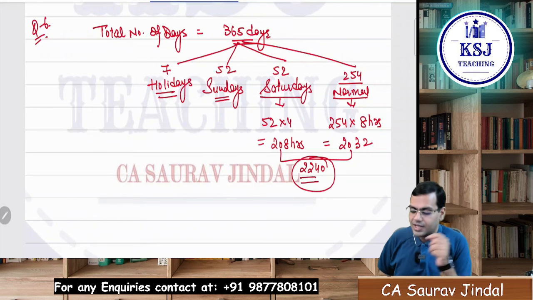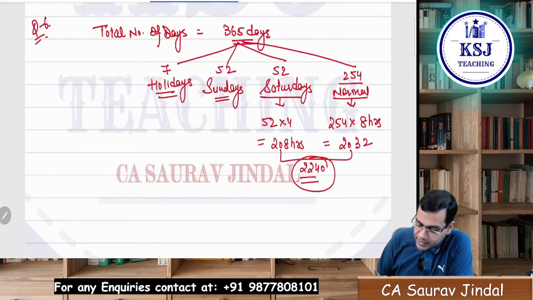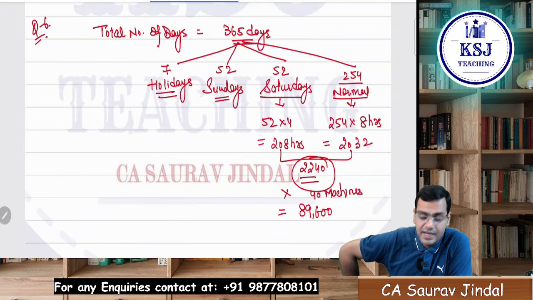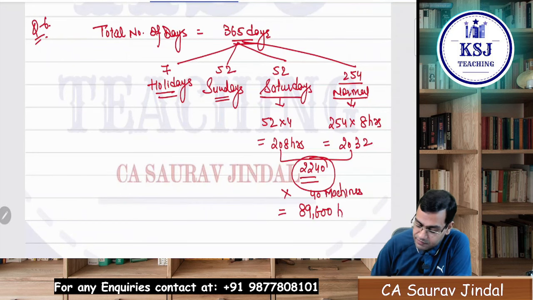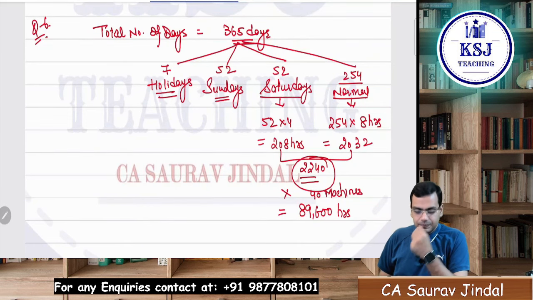Now this 2240 is for one machine, sir. It is multiplied by 40 machines, because we are given the data for the machine room. That is a total of 89,600 hours where the 40 machines will be working.